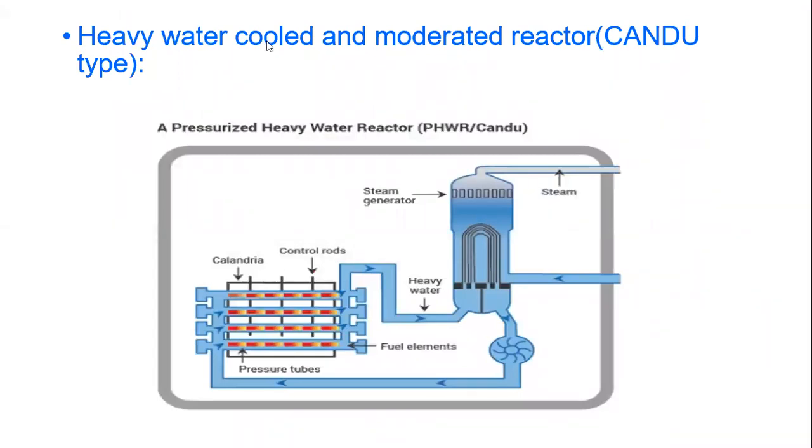The heavy water cooled and moderated reactor is also called the CANDU type of reactor. CANDU stands for Canadian Deuterium Uranium. This reactor was first developed by Canada, and that is why it is known as the CANDU type of reactor.